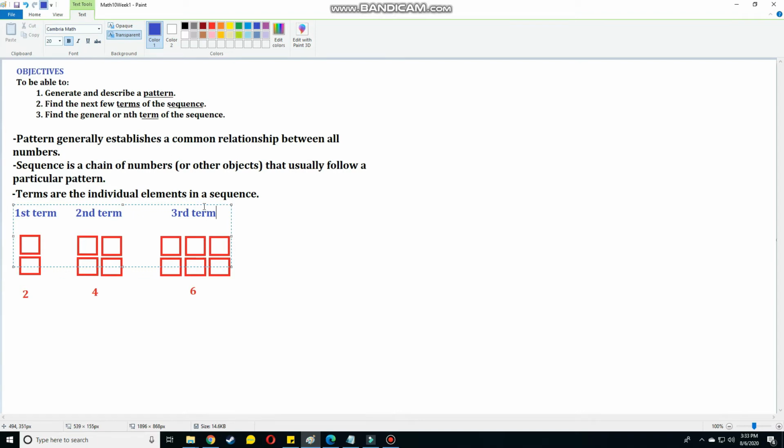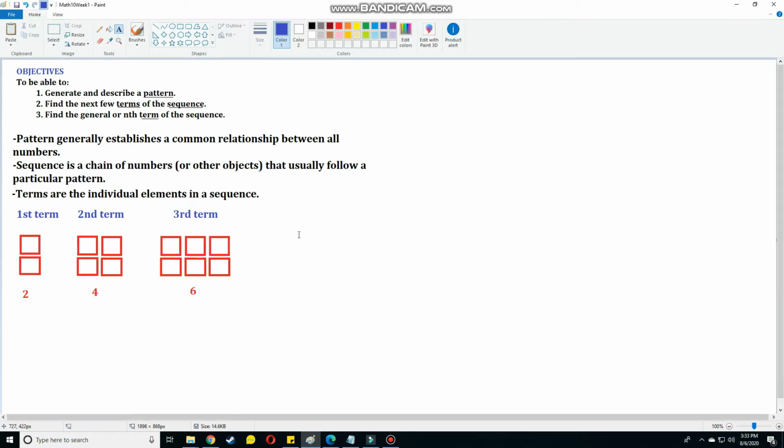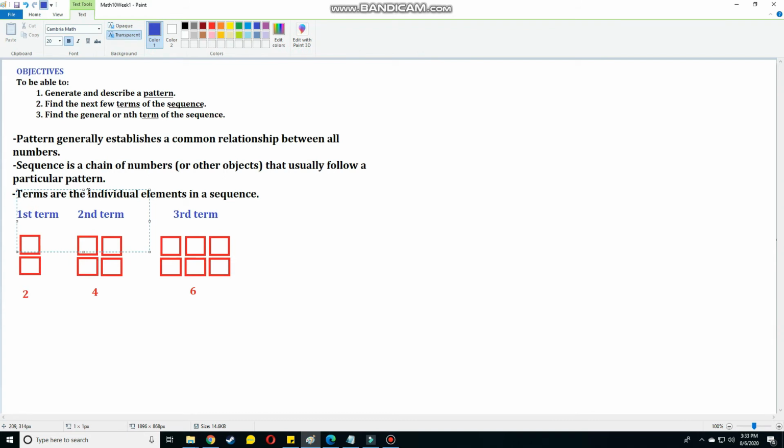So the first set of objects is what we call the first term, the second set of objects is the second term, and the third set of objects is the third term. We also have the symbols for them. So for the symbol of the first term, it would be like this.